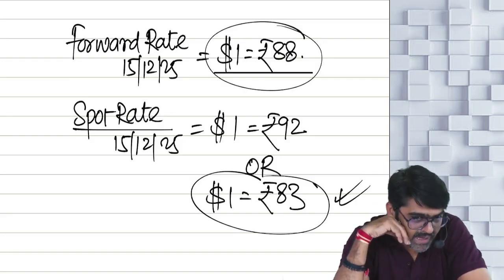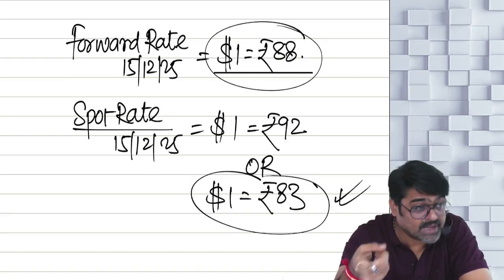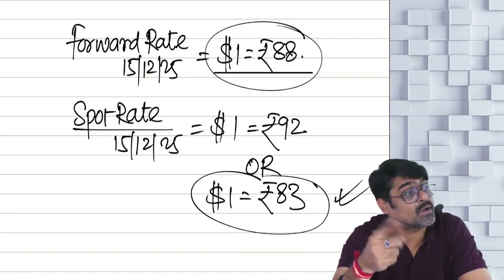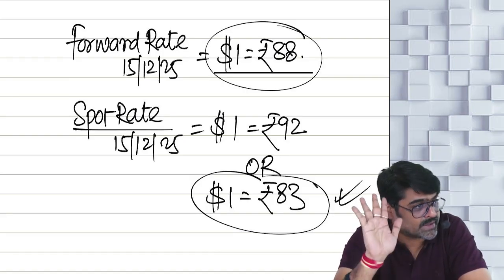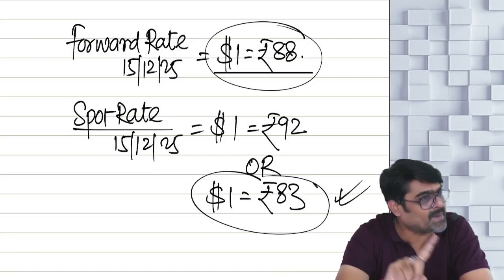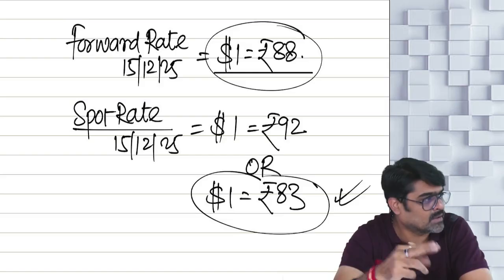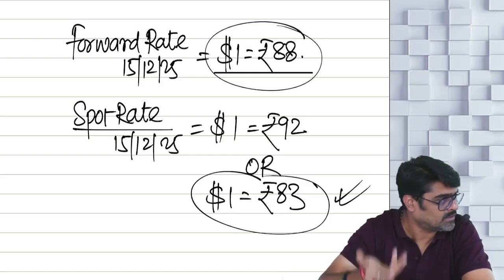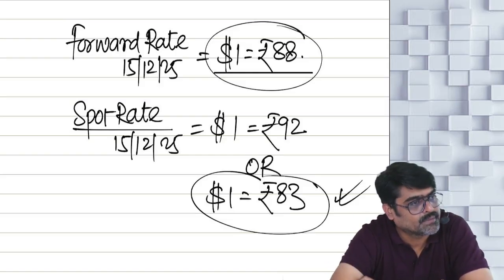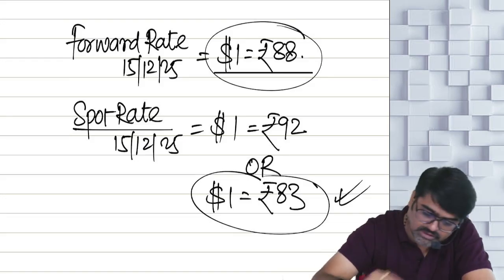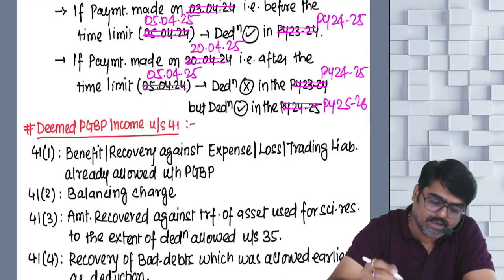If I actually buy at the forward rate, then gain or loss will be calculated at the forward rate. Yes or no? But if I don't buy at the forward rate and I buy at the spot rate, then the gain or loss has to be calculated at the spot rate.